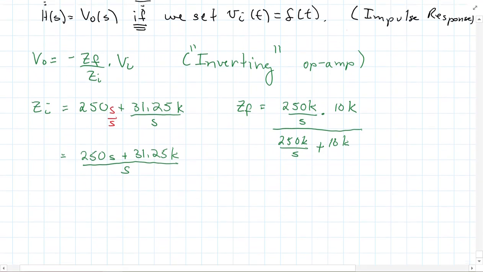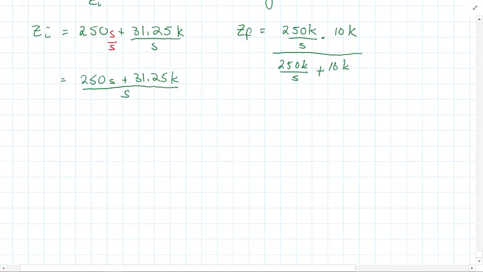Now I need to clean up ZF here. So ZF here, well, first thing I'm going to do is I'm going to multiply this by s over s. And so ZF is, well, it's 250k times 10k, which I'm just going to leave as 250k times 10k.